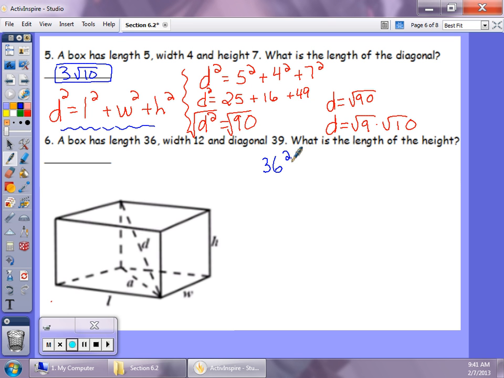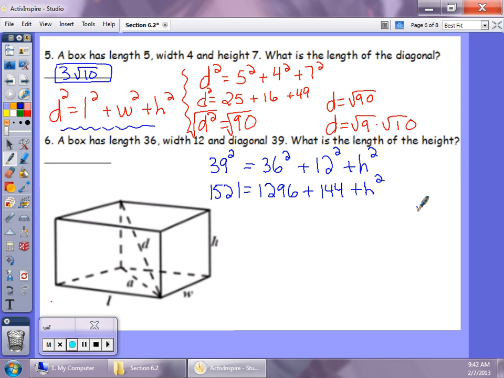We know that the width is 12. We don't know what the height is, and in this case, they told us that the diagonal has a length of 39. So solving our equation, we know 39 squared is 1,521. 36 squared is 1,296. 12 squared is 144 plus h squared.